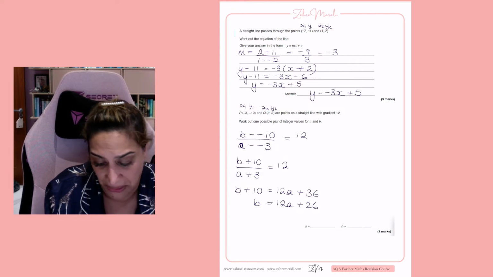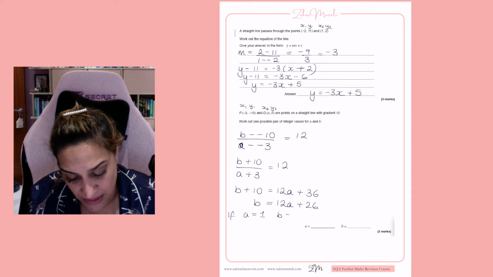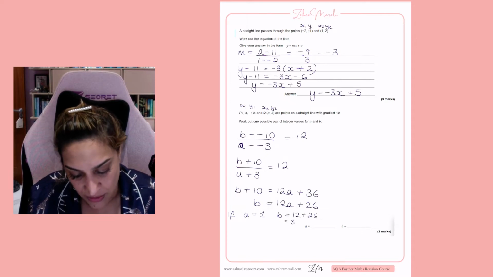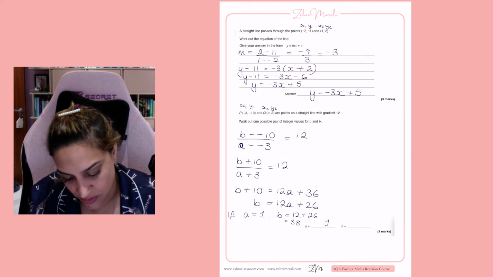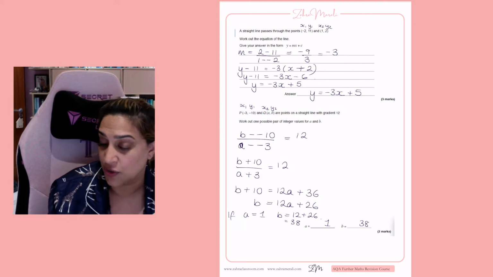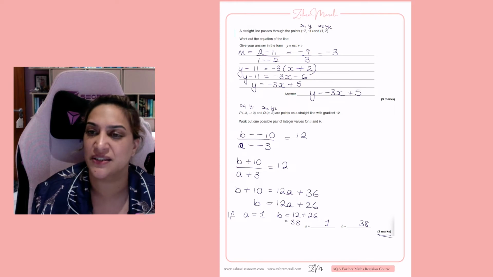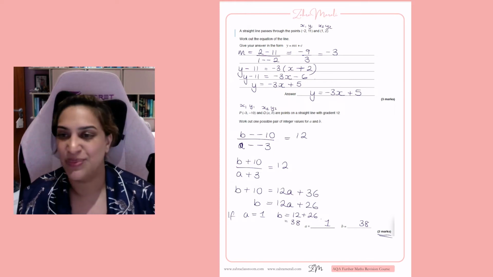So pick a number. I'm going to say if a is 1, it's probably the easiest one. B is going to be 12 times 1, 12 plus 26, which is 38. So here's an example. You could have chosen 0 and you'd have got 0 and 26 or anything like that. It's only 2 marks, even if they've left us a lot of space, but that's all we need to do there.